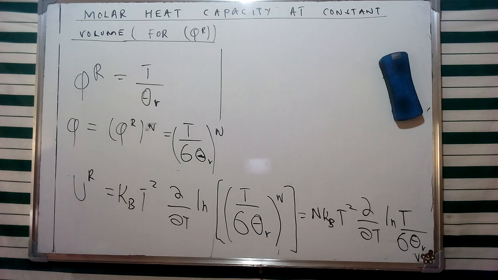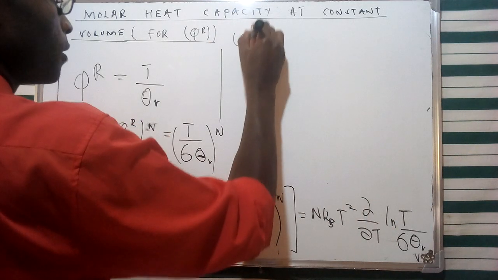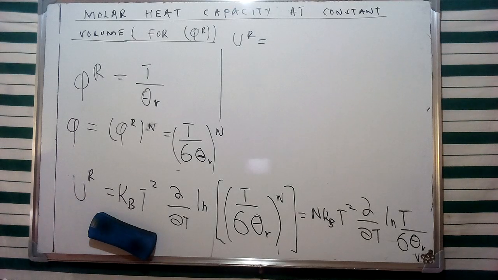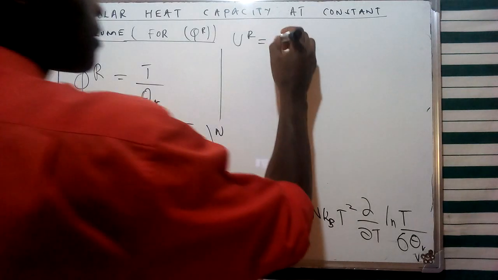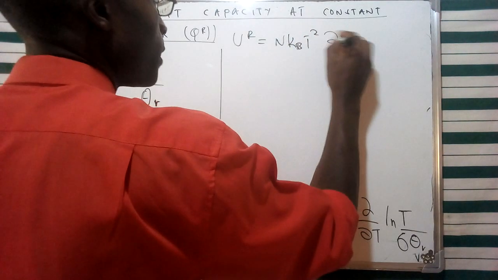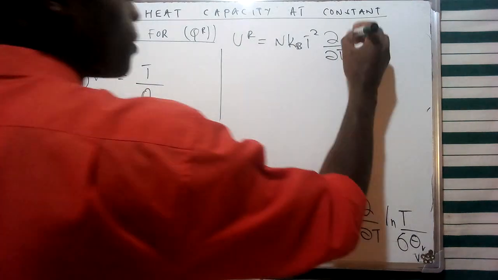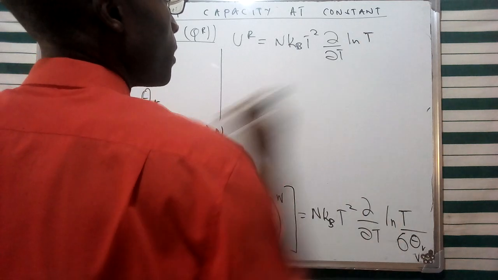Now we consider the equation we gave at the last part of the discussion, which involves a derivative with respect to temperature. This gives a version of the equation in terms of UR, which is nkBT squared, times the derivative of the natural log of T with respect to temperature.